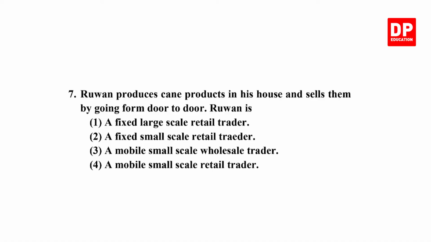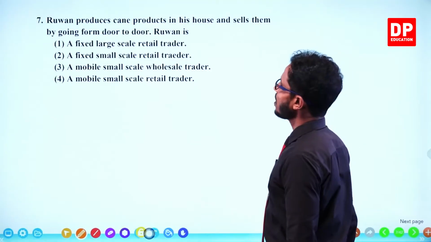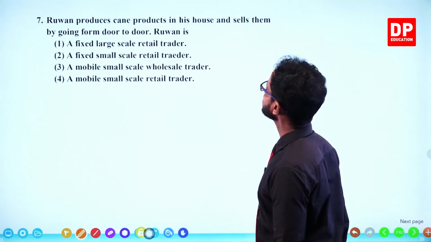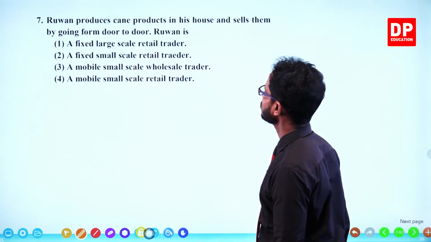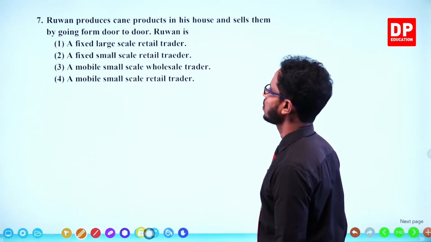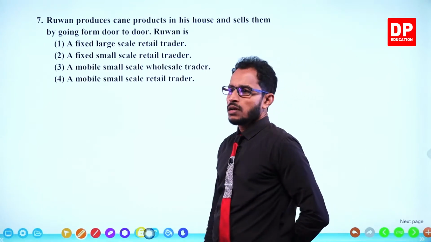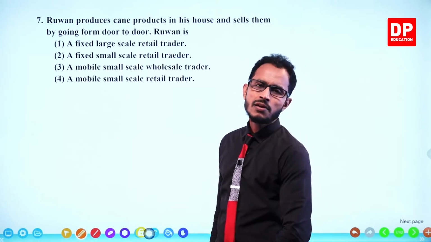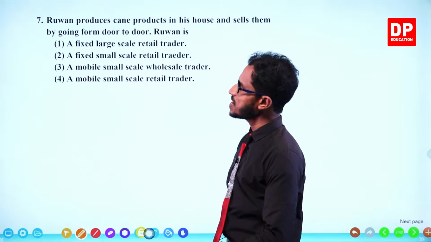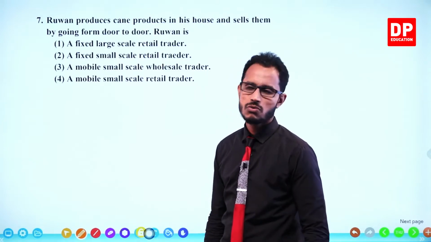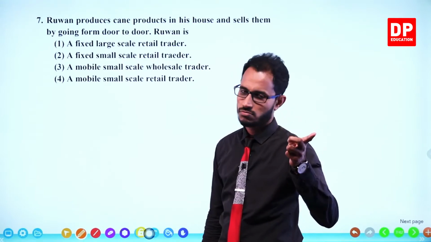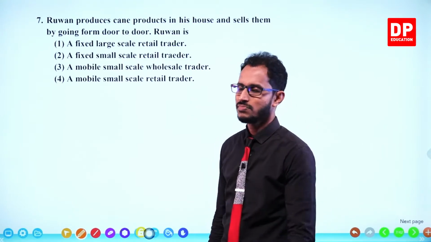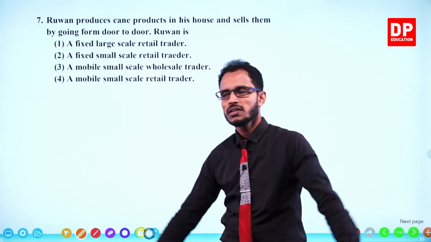Next question. Ruan produces cane products in his house and sells them by going door to door. Is Ruan a millionaire businessman? No. He's a door-to-door salesman.